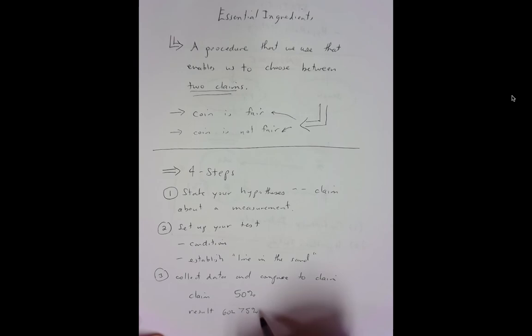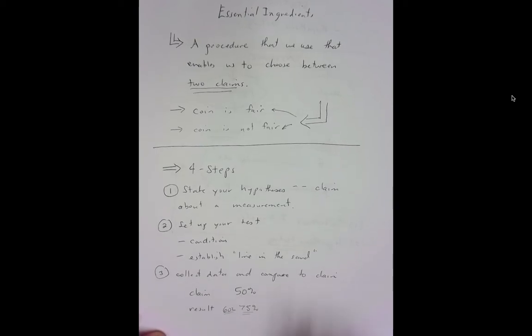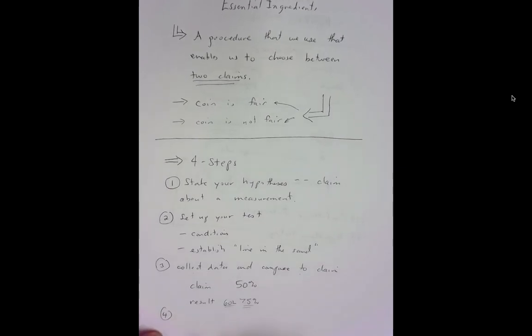Guys, we got to establish our line in the sand to know when this value is too far away from the claim for us to believe that the claim is true. So we collect the data and compare it to the claim in the context of the line in the sand that we established in step number 2. And finally, in step number 4, you state your conclusion. All right?